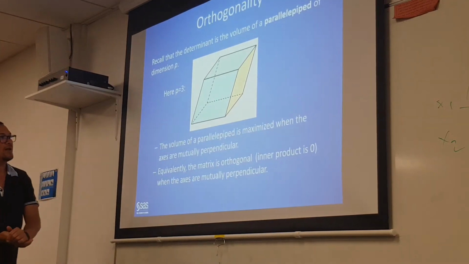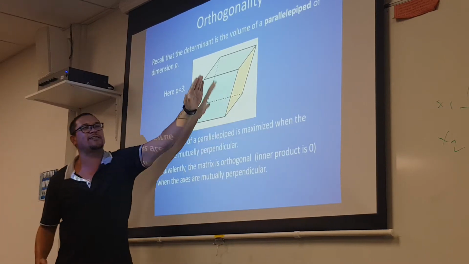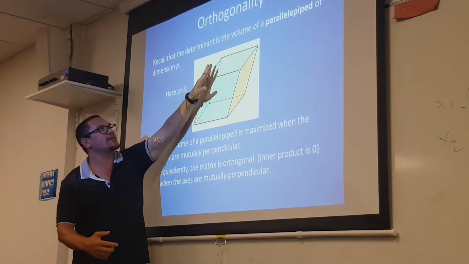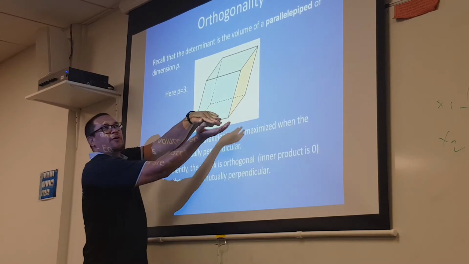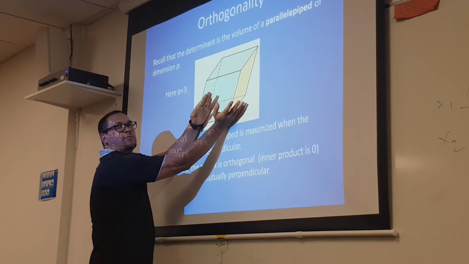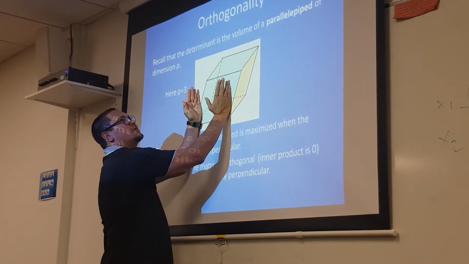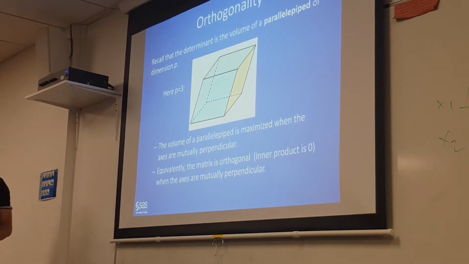The volume of your parallelepiped is maximized when, as you rotate this box, you're collapsing it down. On a flat line, the volume is 0. As you start rotating it, the volume gets bigger and bigger, until eventually it's maximal when you've got a nice cube. That's the biggest volume you can get.